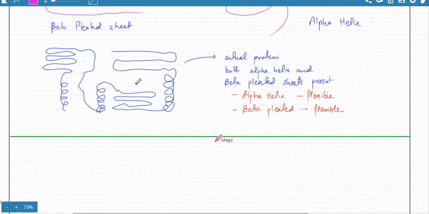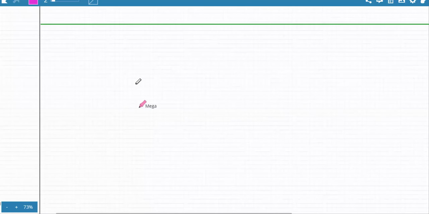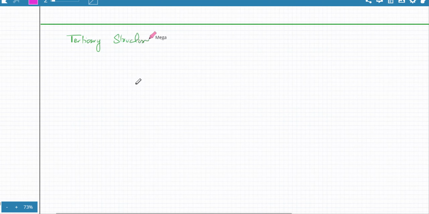And finally, the last one is your tertiary structure. And the tertiary structure is that even beyond the secondary structure, there's going to be more folding, there's going to be more entanglement. So the tertiary structure is that your secondary structure folds or entangles further.